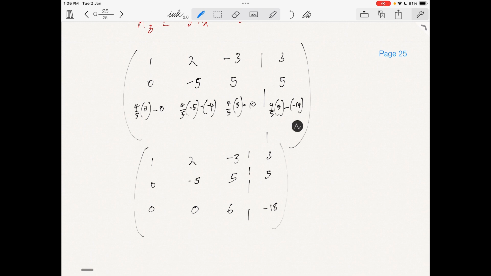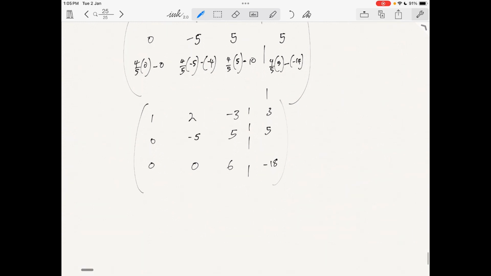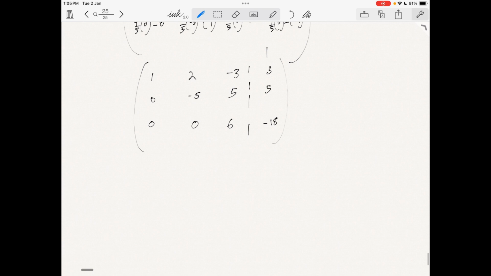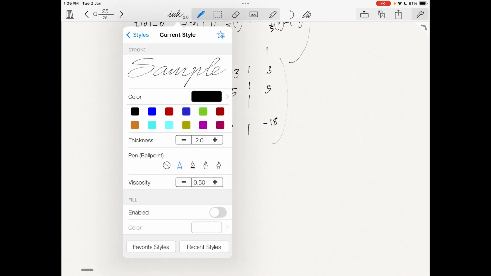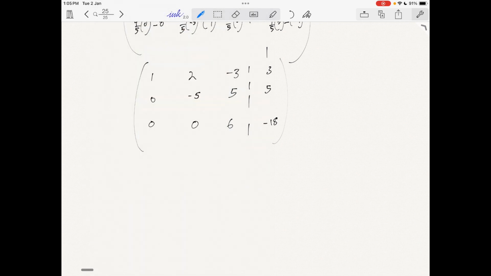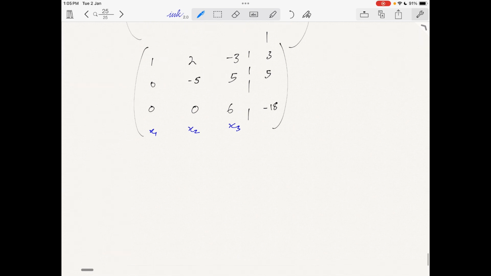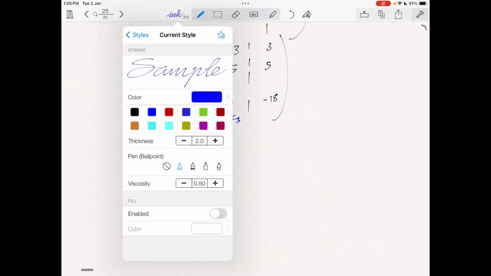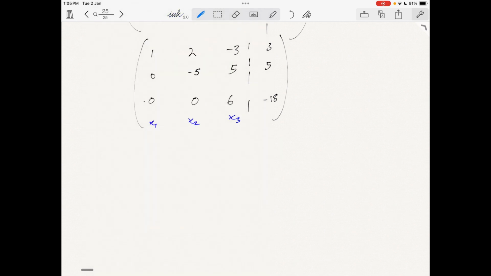Now, how then do we proceed from there? Remember in our question that it is related to x1, x2, x3. So if I start from row 3, I can say that 0x1 plus 0x2 plus 6x3 is equals to what? Minus 18.